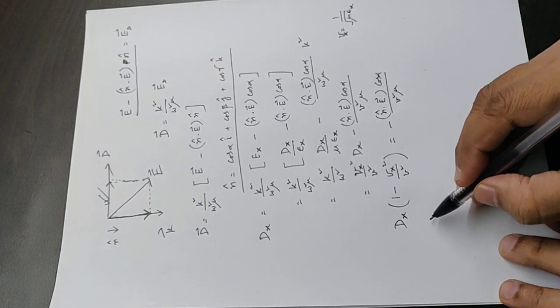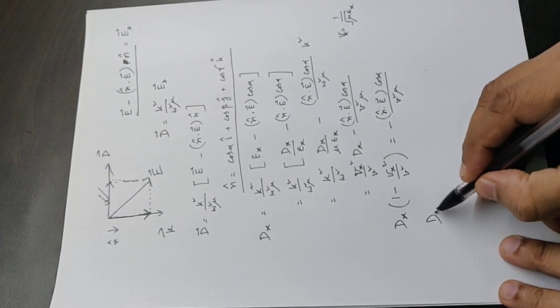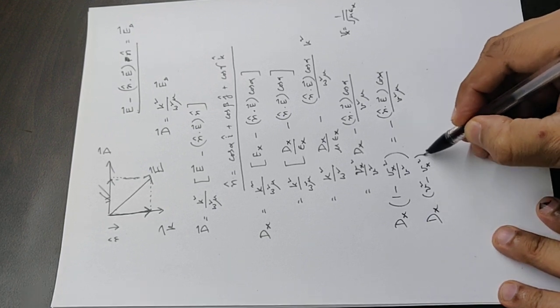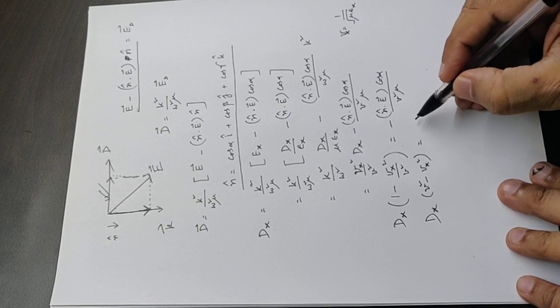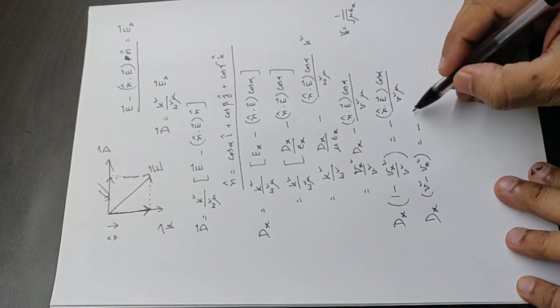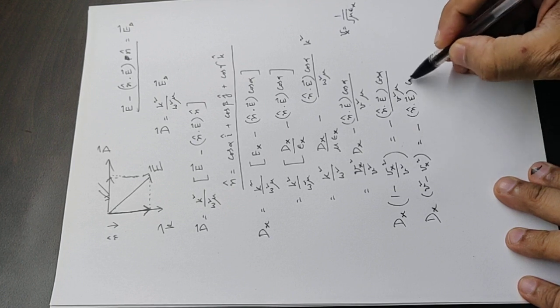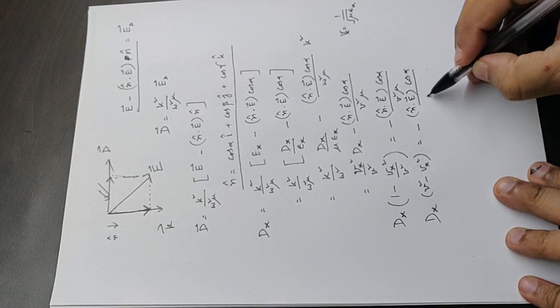So this would be dx into v square minus Vx square is equal to minus n dot E cos alpha by mu.